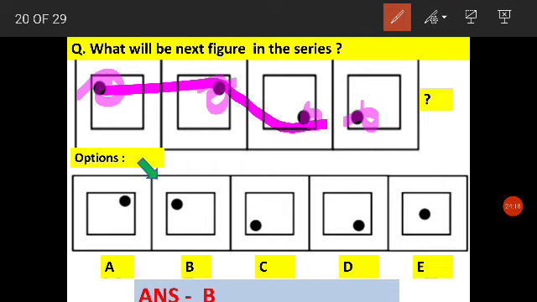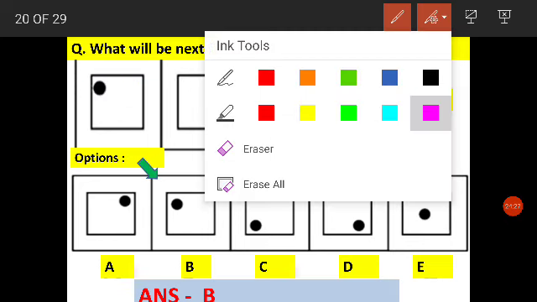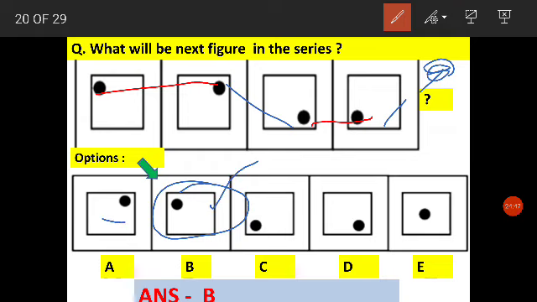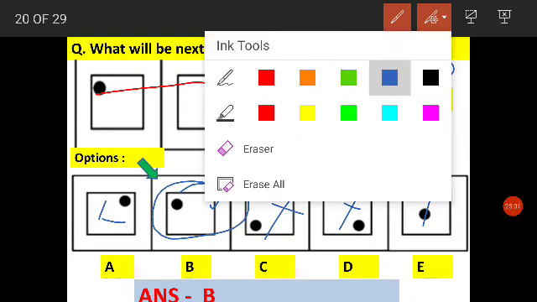There's a pattern actually. So this should continue. This is what is going to give you the answer. And if this continues, then B is the answer, because this dot is required to be here and it is here, and in all other options it is in a different position.